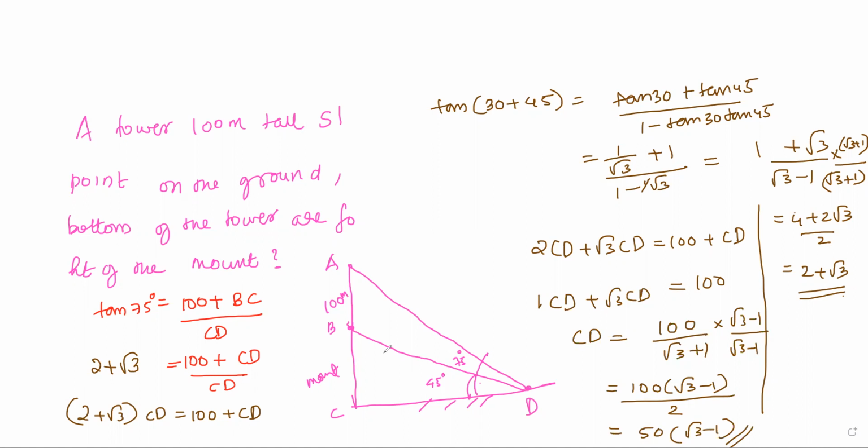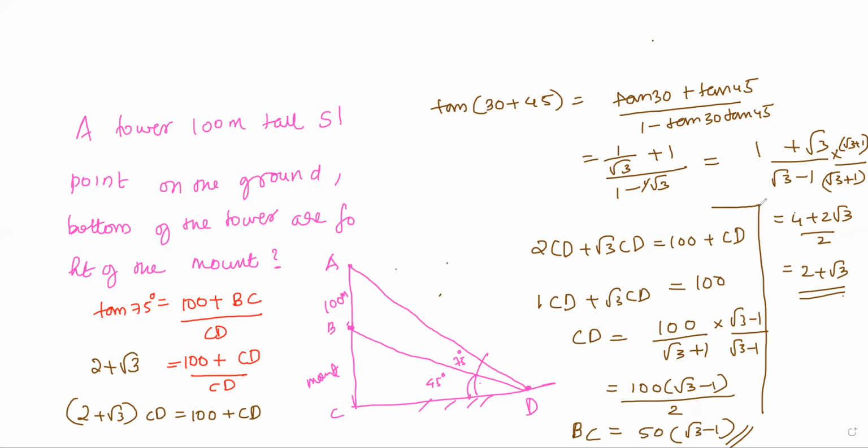Now what is 50 into (root 3 minus 1)? That we got as CD. CD is the same as BC. So we got BC, the height of the mound that is asked in the question.